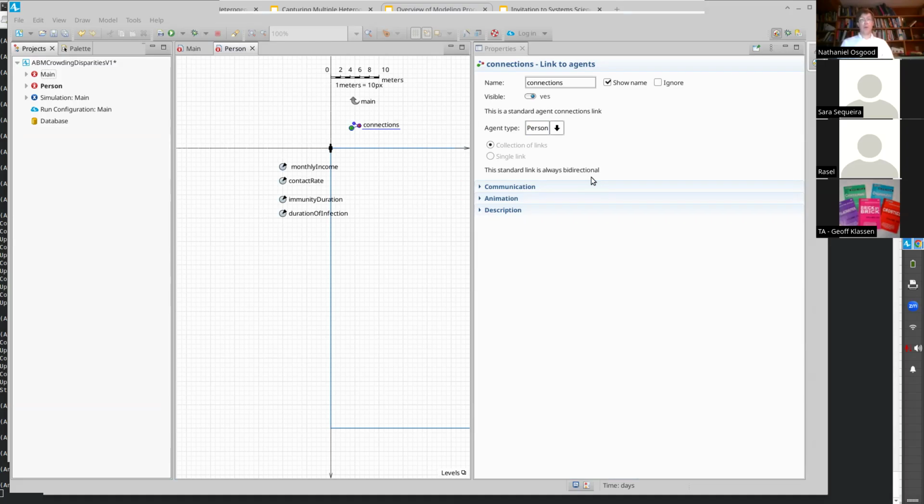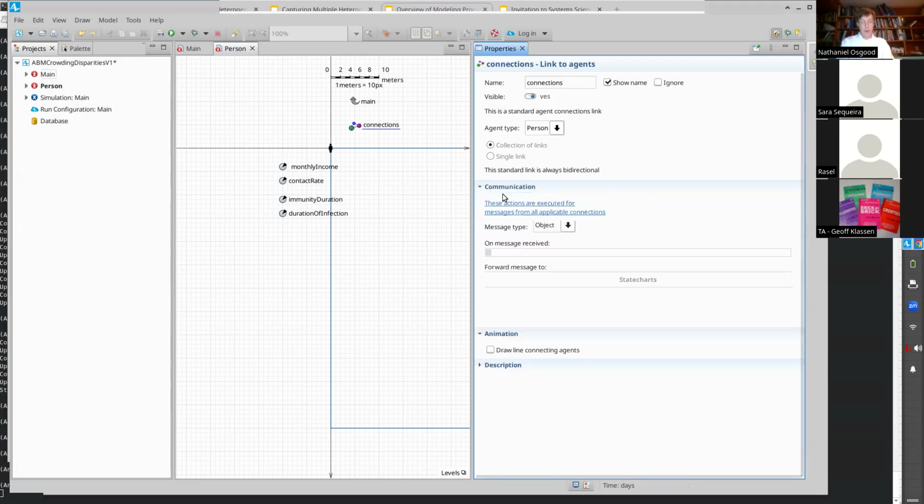There might be models where you have people and community-based organizations as other types of agents. So in general, you'll have more than one agent, and you want to be clear: for a given network, whom does it connect? Is it just any old agent, or is it connected specifically to a subtype? If so, mention that subtype, and AnyLogic will give you less grief. You'll have to do less work in certain contexts. So make clear it's connecting to persons.